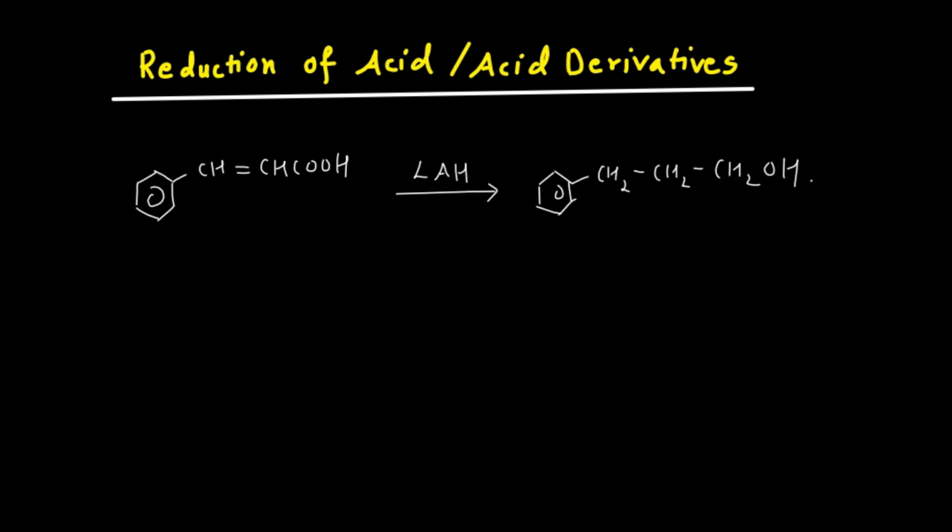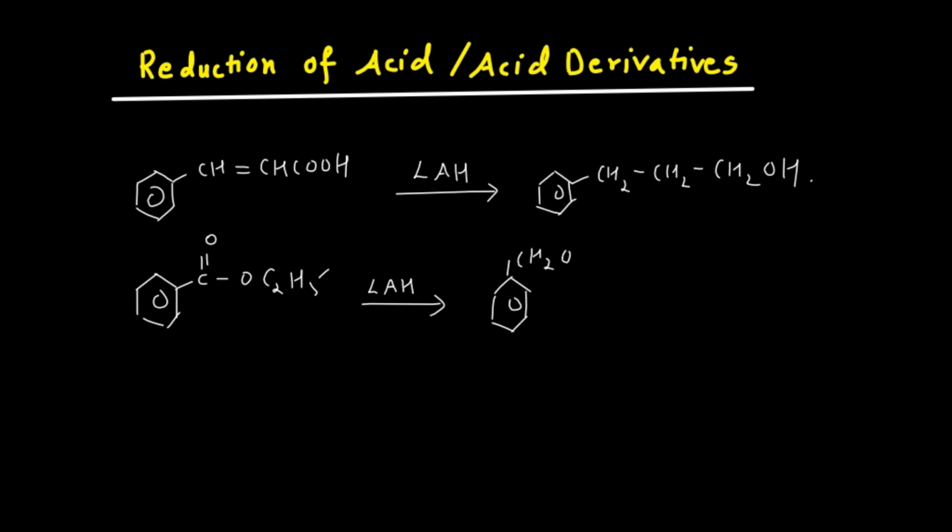And if you have the ester, suppose, for example, you have this species, C double bond O, OC2H5, and you do the same reaction with LAH, it will also be reduced to the alcohol: benzene ring, and this will become CH2OH. Then another alcohol will be there, which is your C2H5OH.